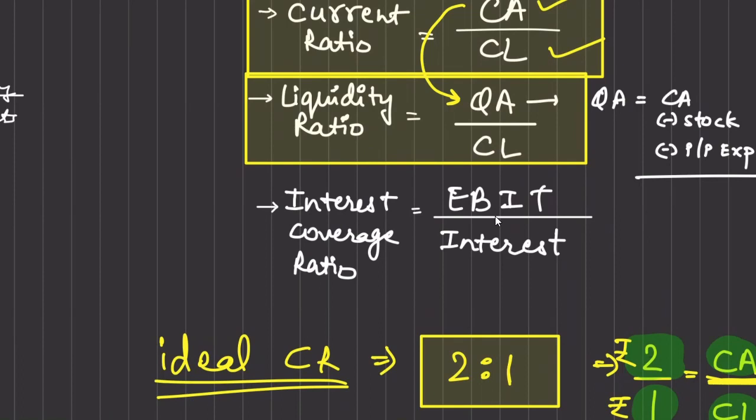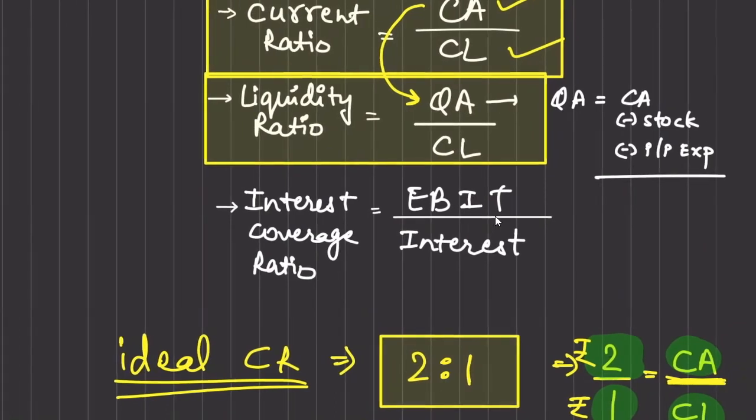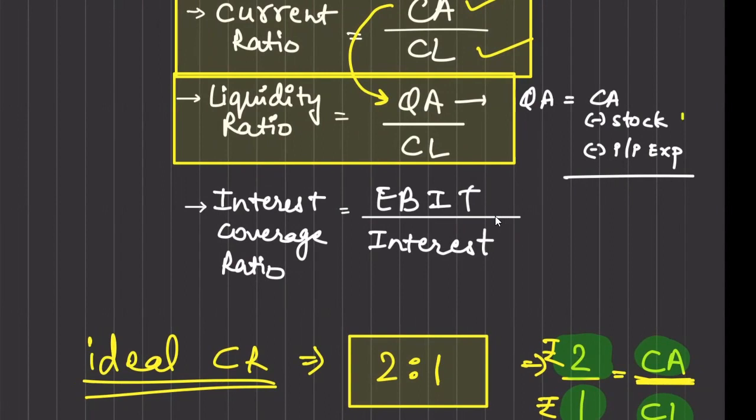Why are they taking the quick assets? Because in your current assets, you have your stock and your prepaid expenses. But in the quick assets, from the current assets, you exclude the stock and the prepaid expenses, and whatever amount you get, that is the amount of your quick assets. And that quick asset should be compared with your current liability.